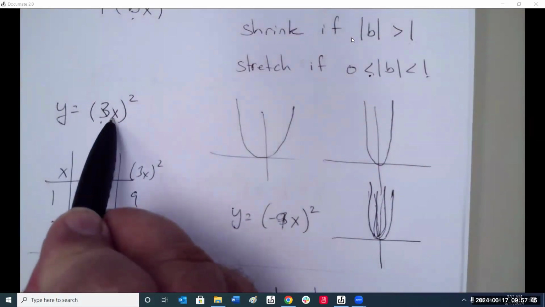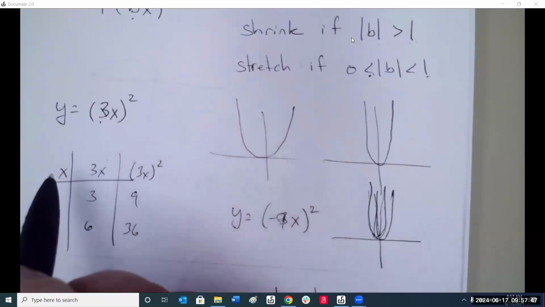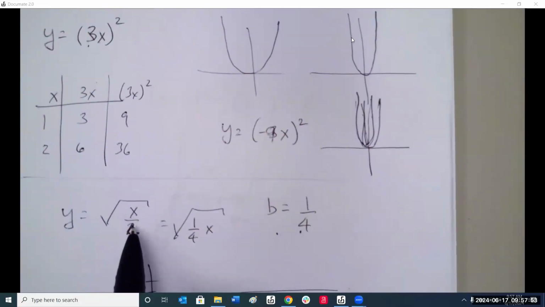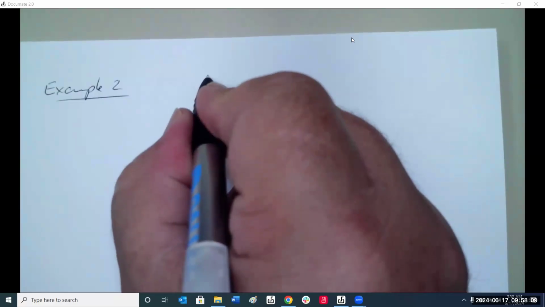If you're multiplying x, that means the graph's going to shrink, or it's going to be compressed. If it's a fraction inside there, that means it's going to get stretched out. Let's see what this looks like in a graph. Look at example 2. We have a graph that looks like this.